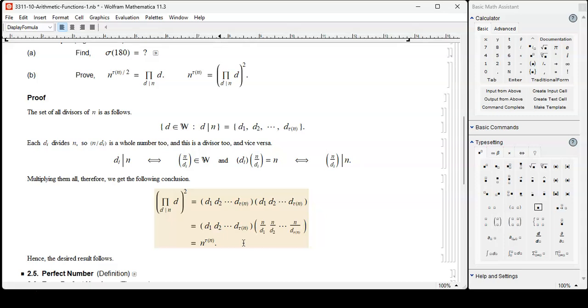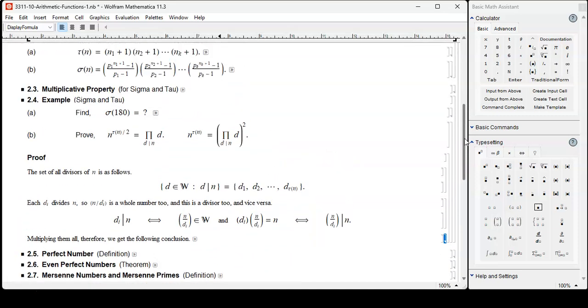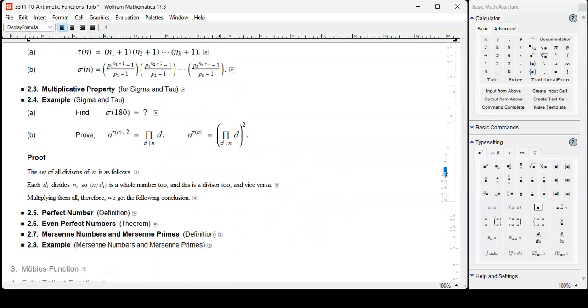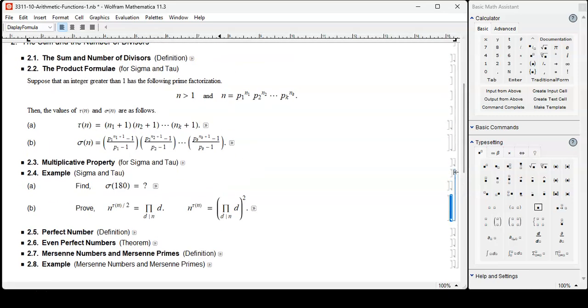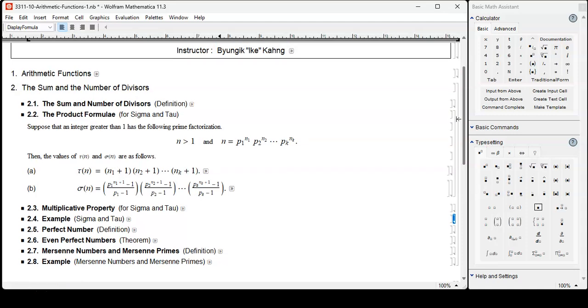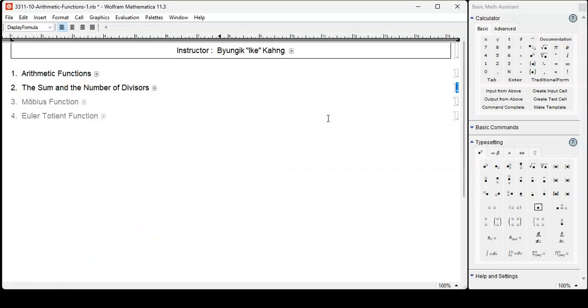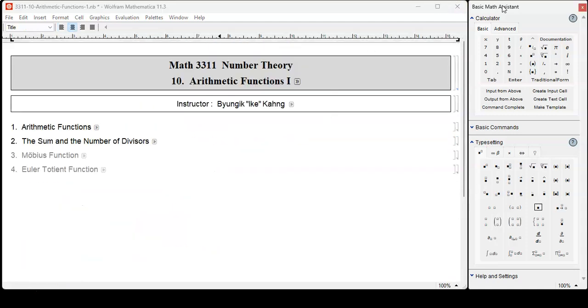Tau. So n to the tau power. That's what I'm going to get. And this thing corresponds to the factor rainbow that you must have gone through in either elementary school or middle school.